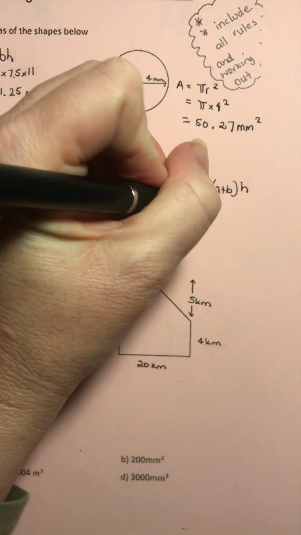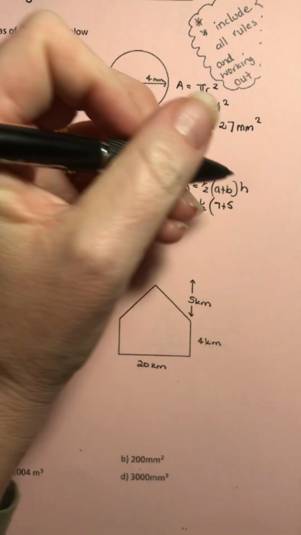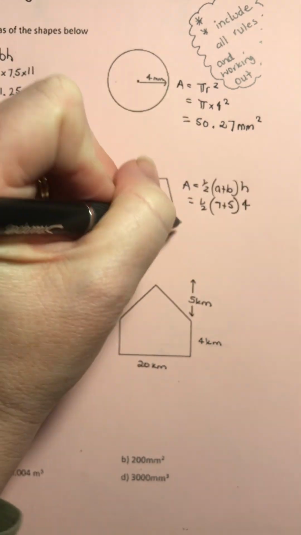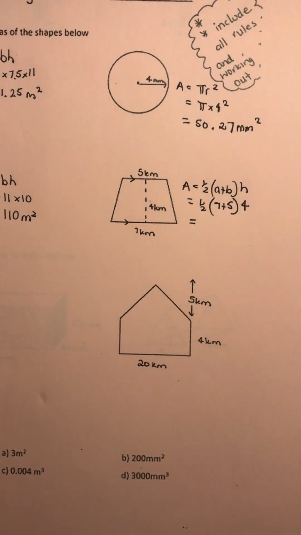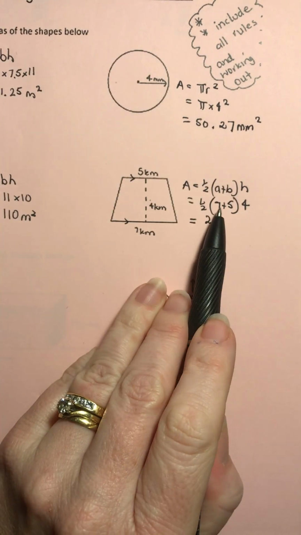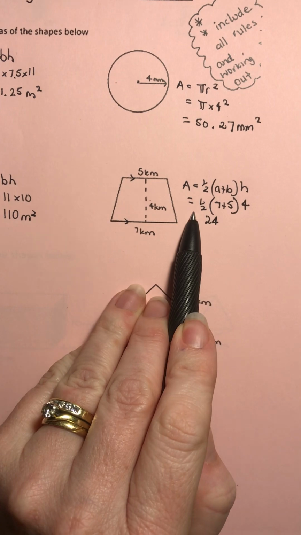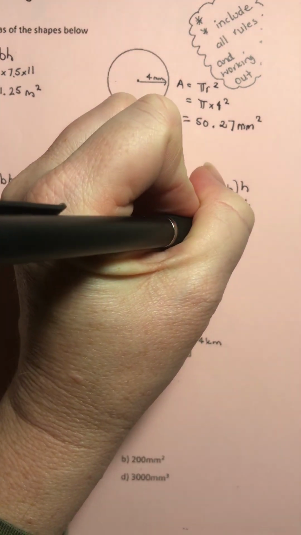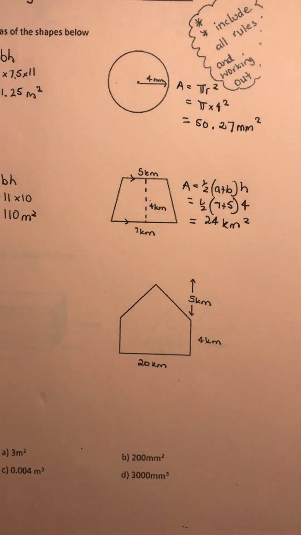So we've got a half of 7 plus 5 and we're multiplying that by 4. So then we can pop that in the calculator, 0.5 times, and then we can use the brackets and pop that in and then times 4 and we'll get 24. We could also have gone 7 plus 5 is 12, a half of 12 is 6 times 4 is 24, and we've got kilometres squared.